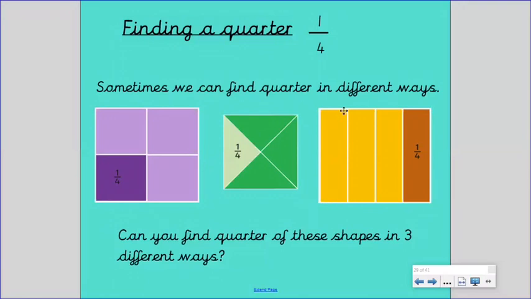And for the final one, I've gone down in 4 lines here, 4 vertical lines to form 1, 2, 3, 4 longer rectangles. Okay, but still 4 equal parts. Okay, well done.